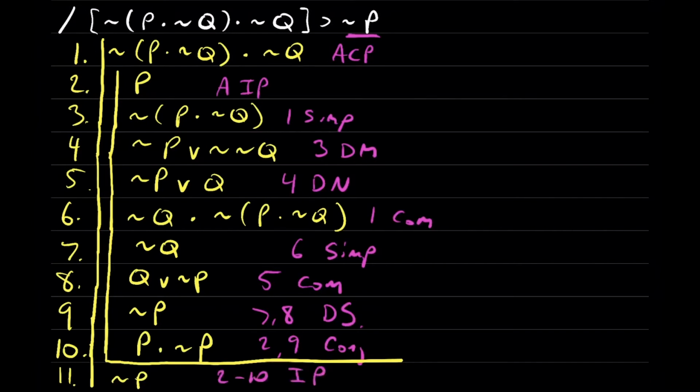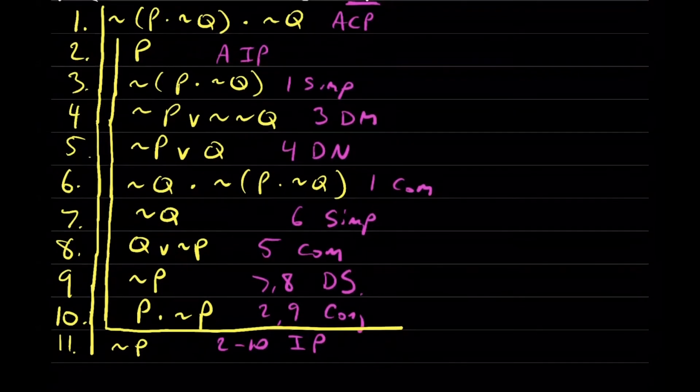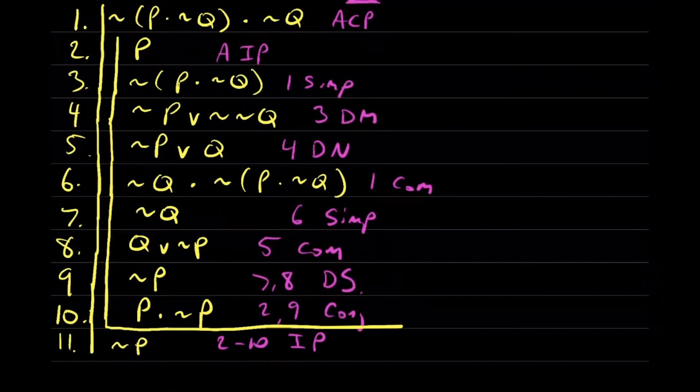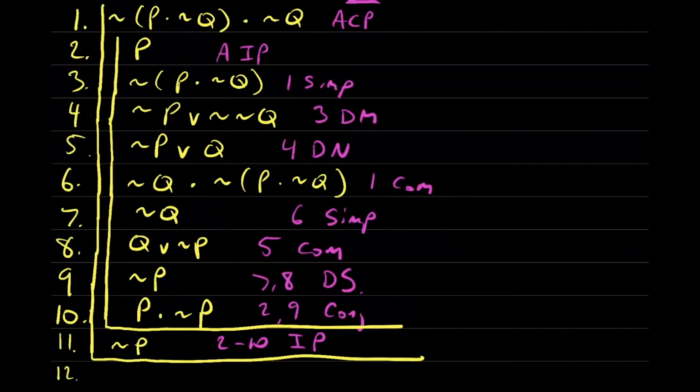And I'm going to scroll a little bit here. There we go. And now look what we've done. We've shown that if we assume it's not the case that P and not Q, excuse me, and not Q, if we assume all of that, then we can get not P on its own line inside the scope of that vertical assumption line. So we're done with that vertical assumption line. Line 12 is back outside the scope.